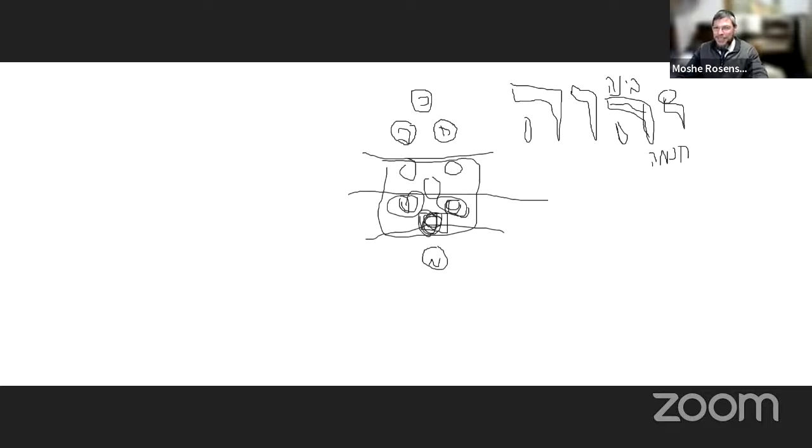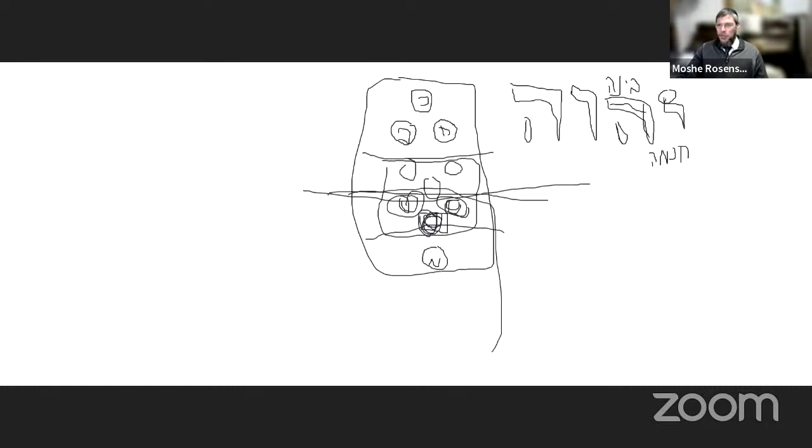Meaning, as we saw before, within each of these 10 there's 10, and each one feeds into the lower level. So if this is the whole system of Chachma, it's going to feed into Bina. Bina is going to start over here, superimposed over Chachma, so that the bottom 3 levels of Chachma are like the top 3 levels of Bina. Do you understand what I mean by that?